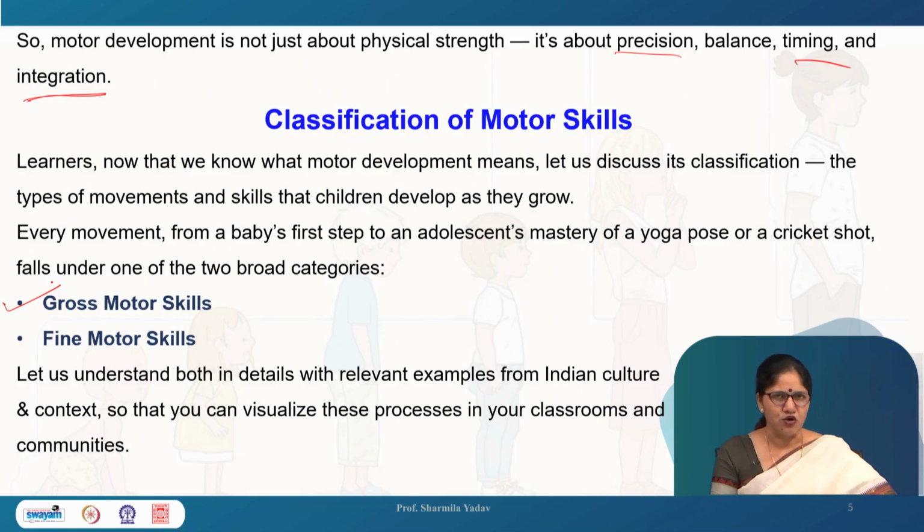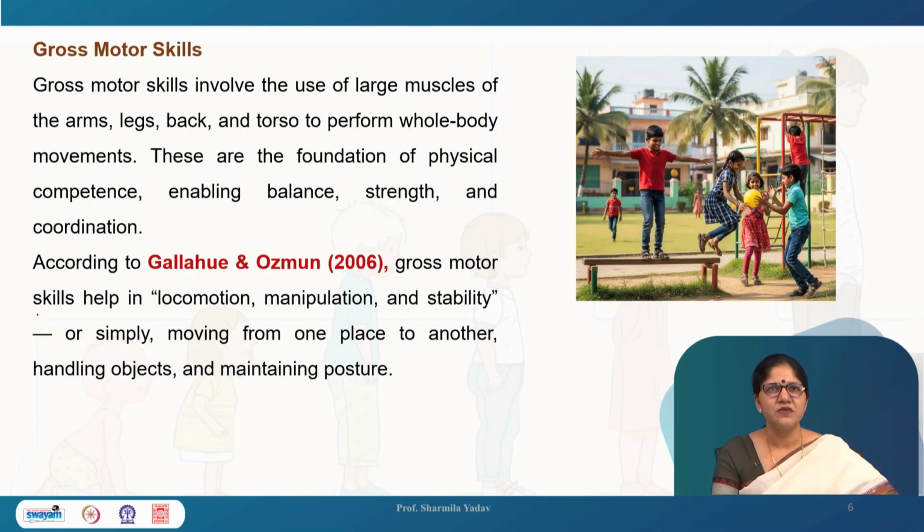First is gross motor skills and second is fine motor skills. Let us understand both in detail with relevant examples from Indian culture and context so that you can visualize these processes in your classrooms as a teacher and in communities as a teacher and parent.